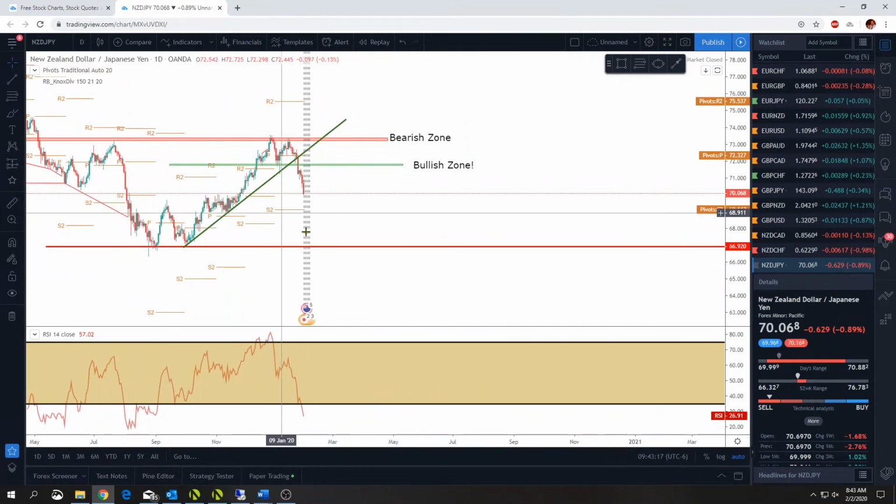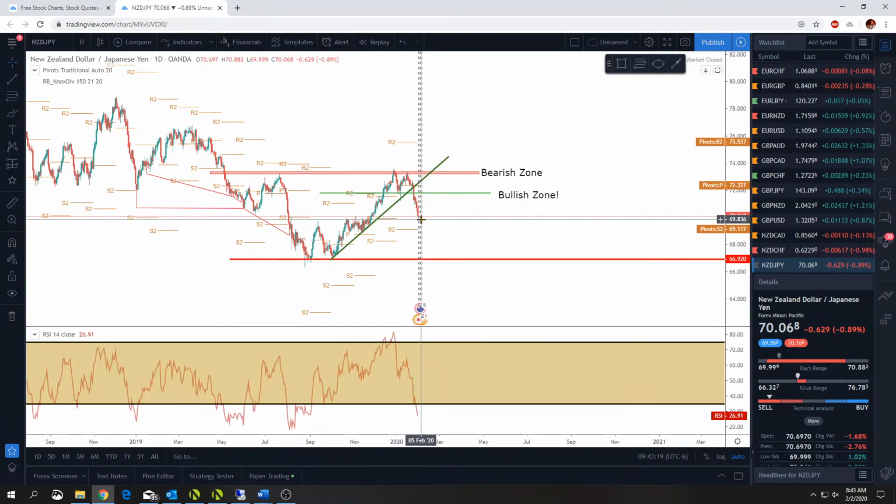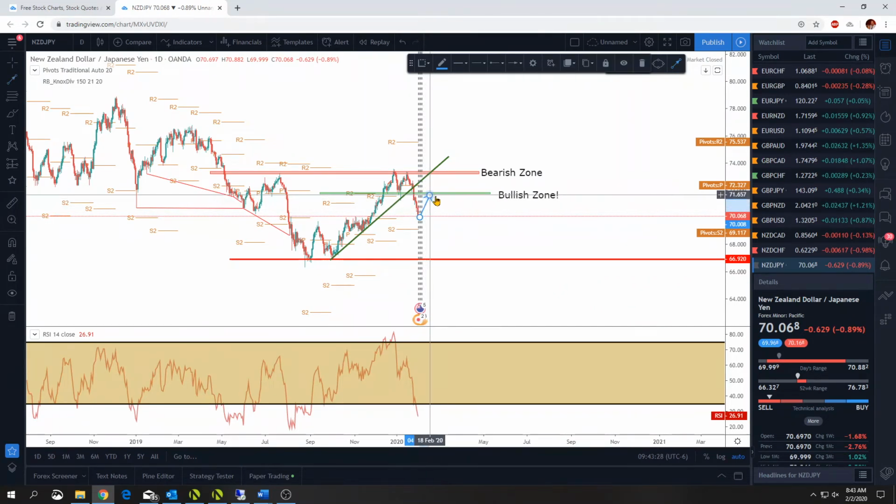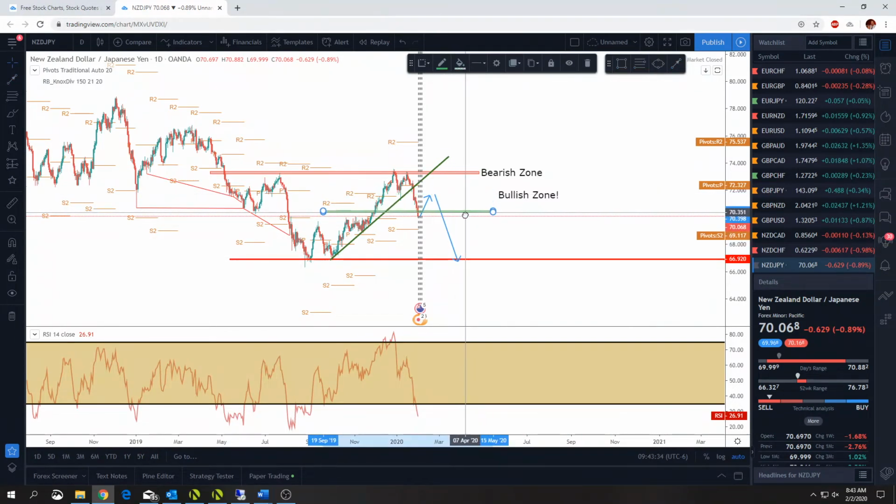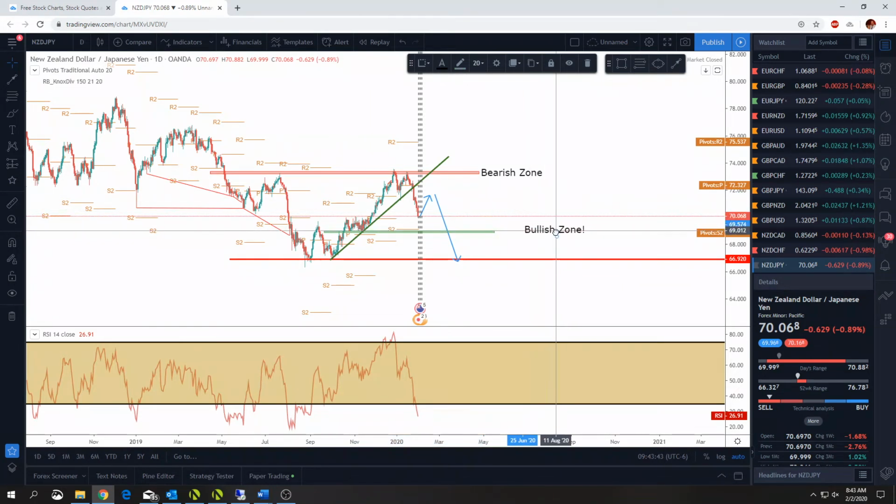So, because it's not a great time to just throw in a sell trade now, I'm going to look for some sort of pullback to this area. So I'm not bullish till there. You see where price kind of hit this former support, so I'm going to move my bullish zone there.